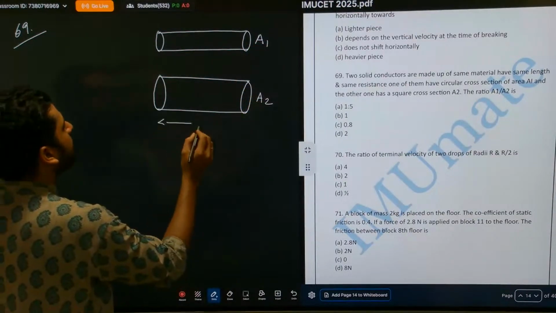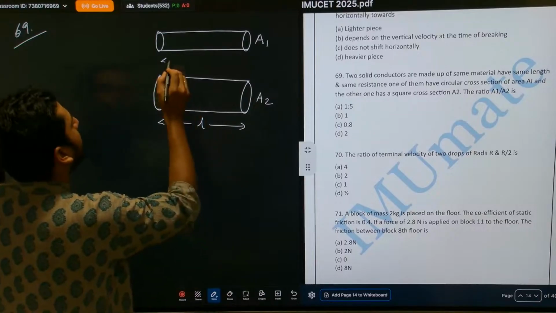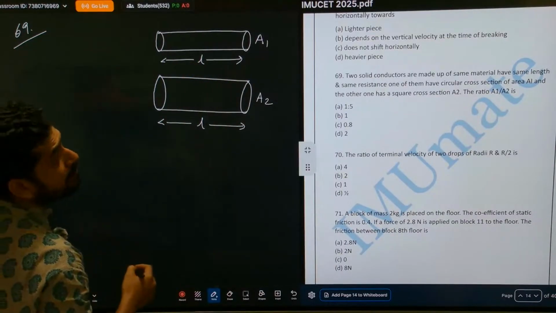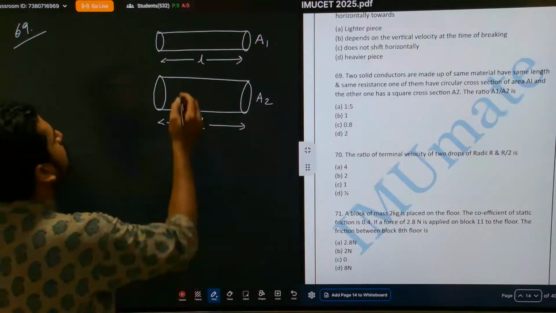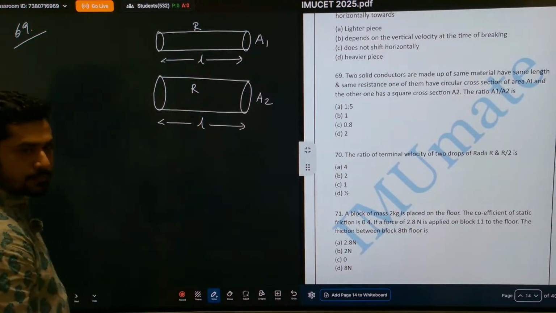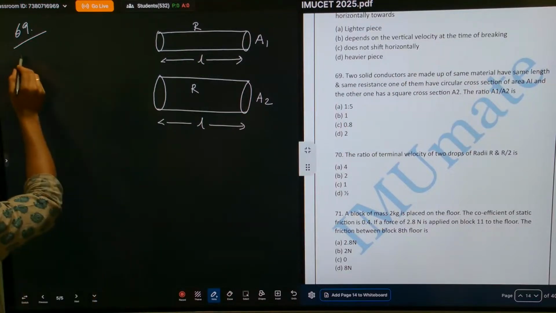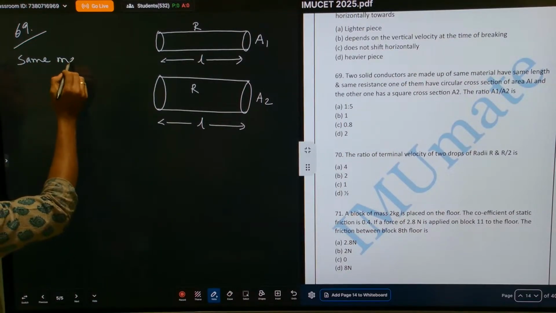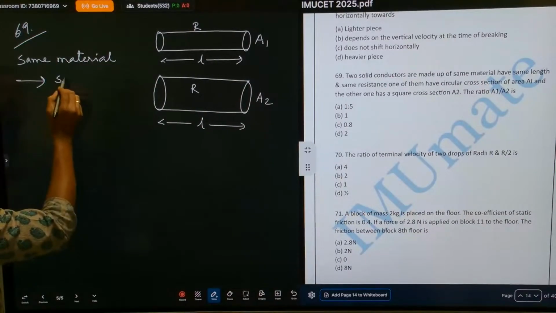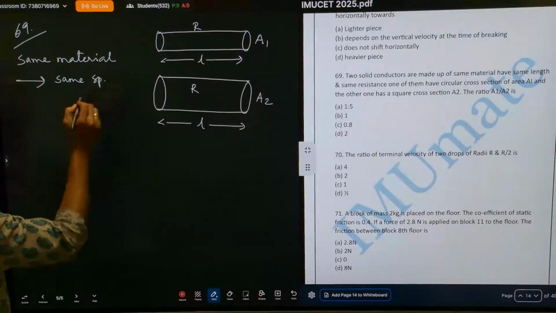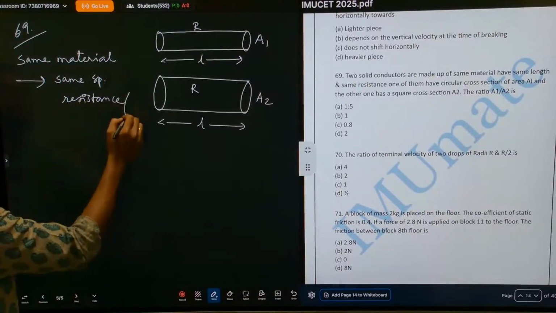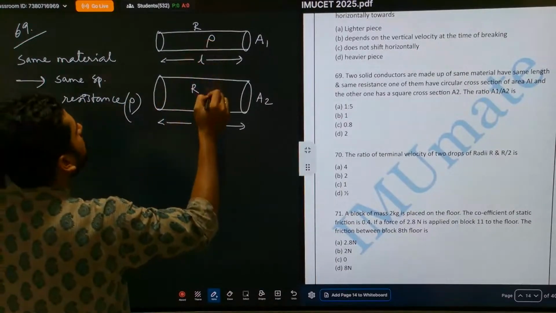Length is also the same, and the resistances are also the same. And same material means same specific resistance, that is, rho is also the same.